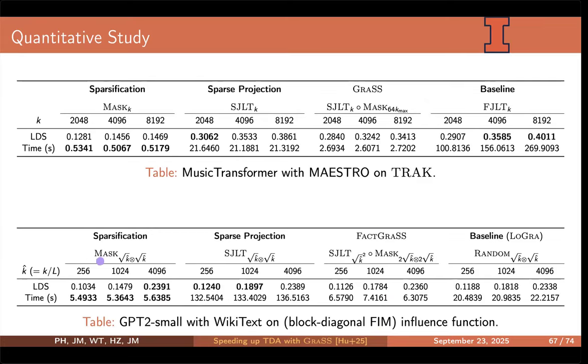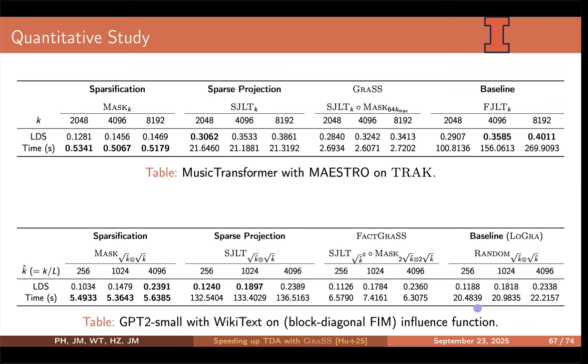You see, mask is still the most efficient one, and SGOT is the most accurate one, but it suffers a lot. You see, because we are now considering basically what I said, we are substituting the factorized projection just simply by SGOT, and we know SGOT suffers in small dimension, which is exactly what is going on here.